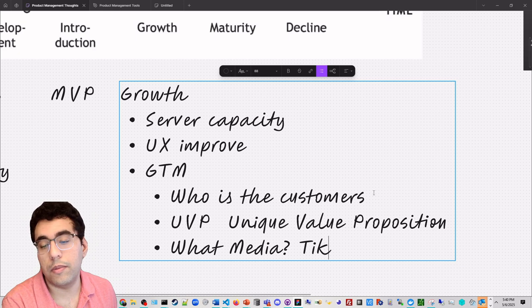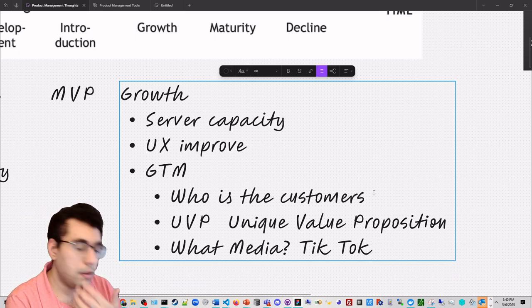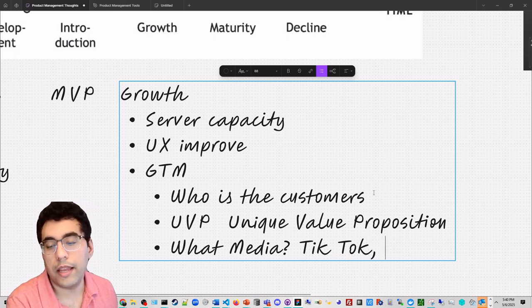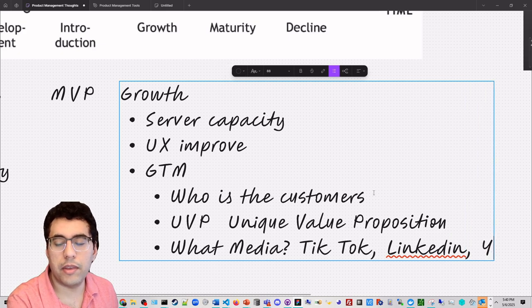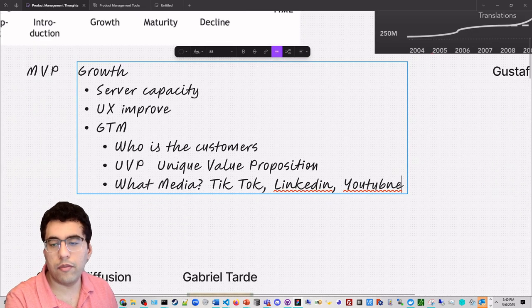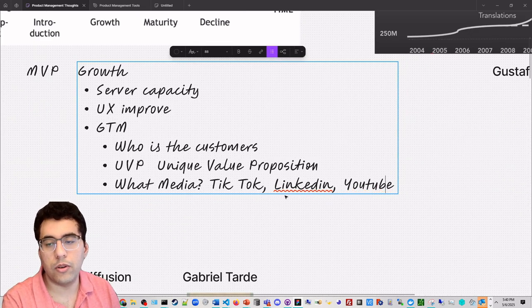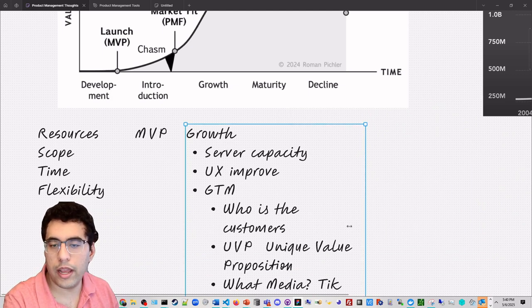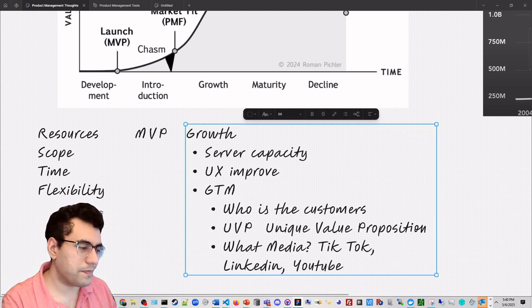Or on YouTube, or you might find Gen X on LinkedIn, for example, and YouTube. So just learn where that community lives, and reaching out to them is really important. So understanding where and when to present your product is really important there too.